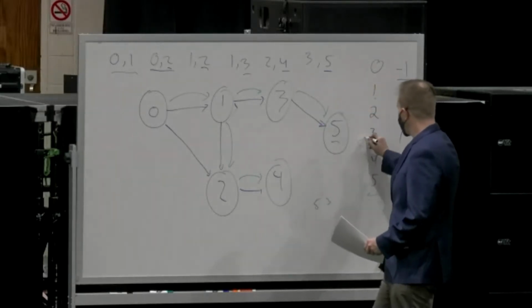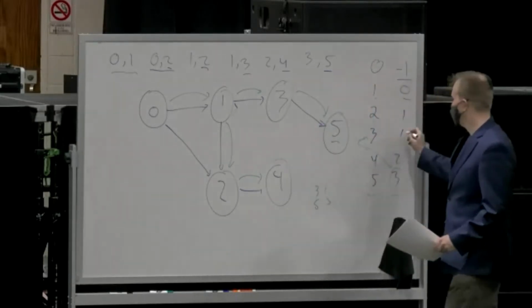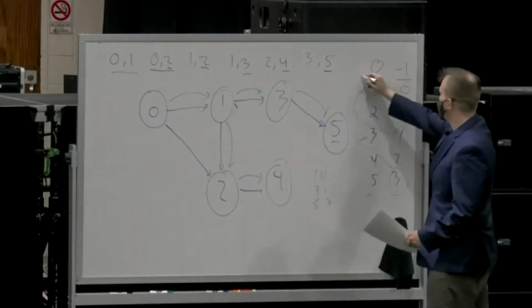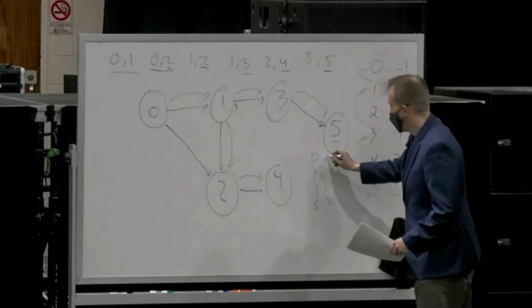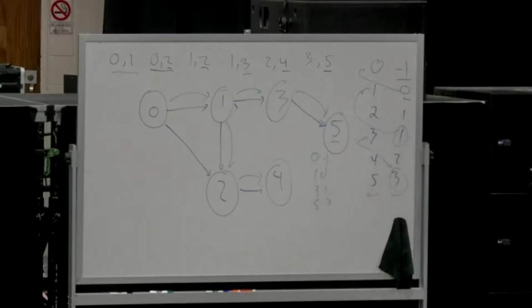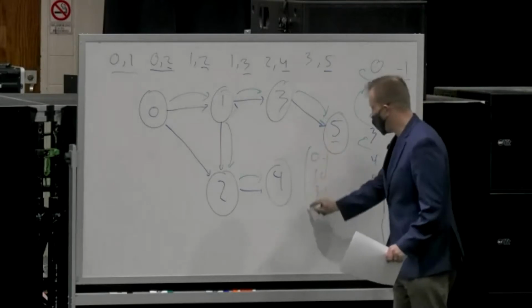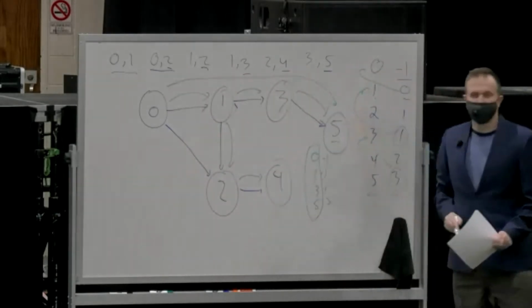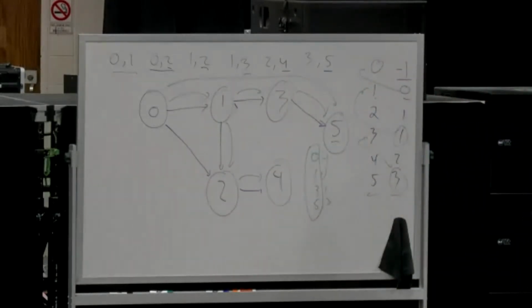What's 3's value? 3, 1. Then we look at 1's value, 1, 0. And then we look at 0's value, 0, negative 1. And now we've found where to stop. And so now what happens is 0, 1, 3, and 5. This is the resulting path that we can use to find the path from 0 to 5.